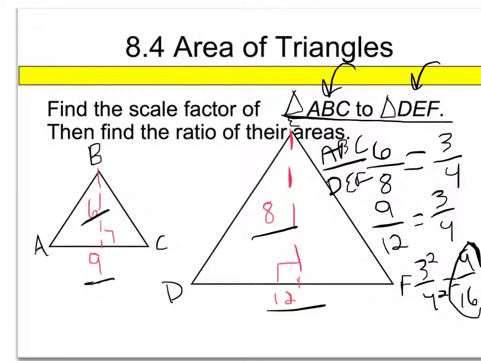So 9/16 is going to be your ratio of the area. 3/4 is going to be your scale factor, and I can toss that in right there to help you visualize that one last time. So this lesson is all about the area of triangles.